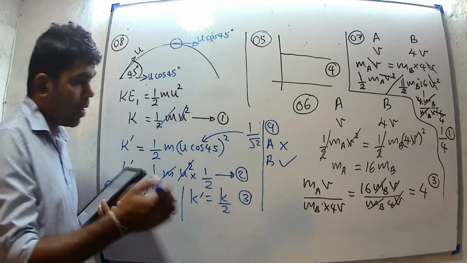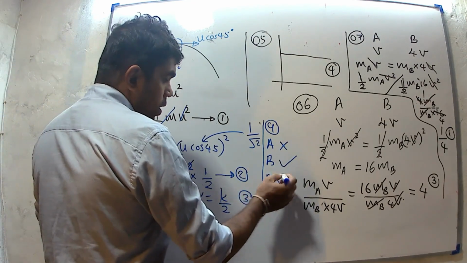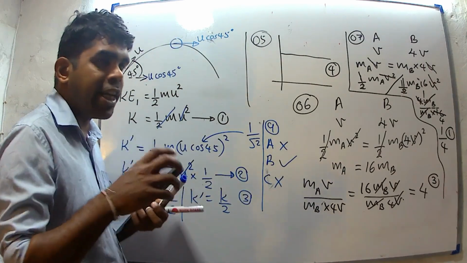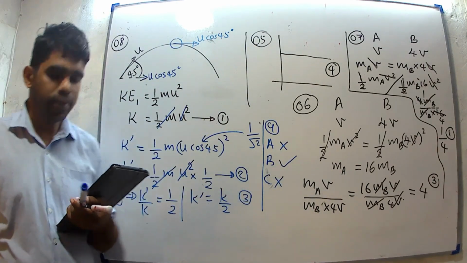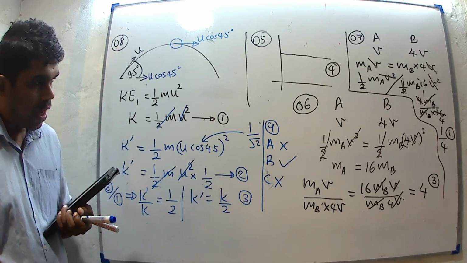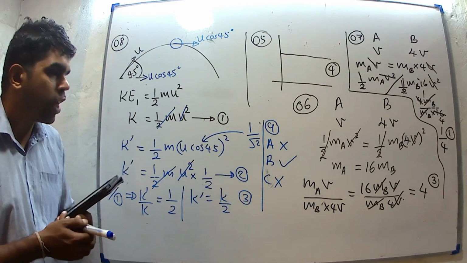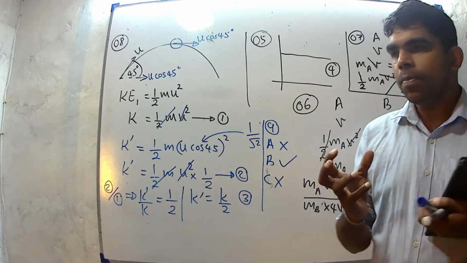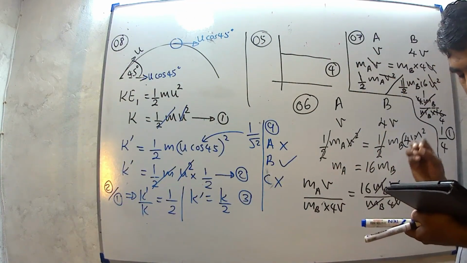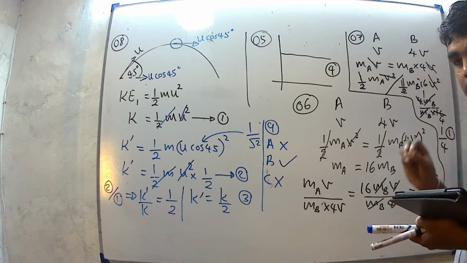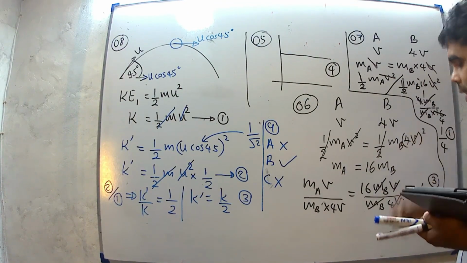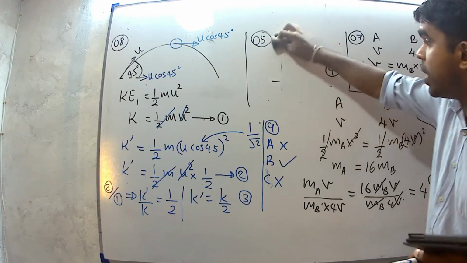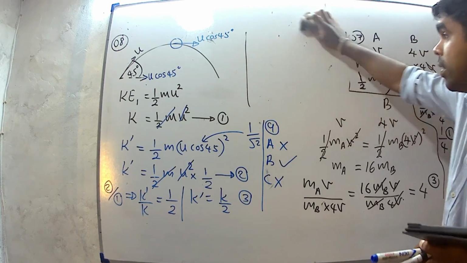C. If the momentum of a particle varies linearly with time, its kinetic energy should also vary linearly with time. No, it is false. Statement C is false because when considering linear variation, it means velocity is directly proportional to time. When velocity is directly proportional to time, the momentum of the particle is linear, but kinetic energy is half mv squared. It depends on the v squared term.